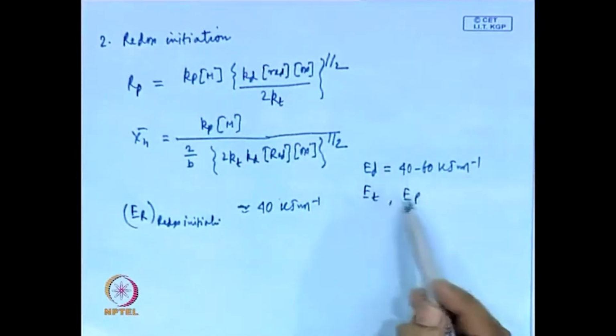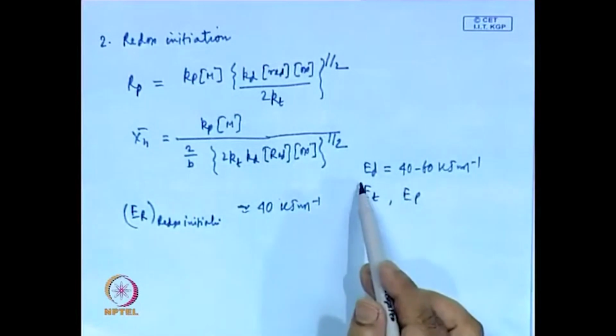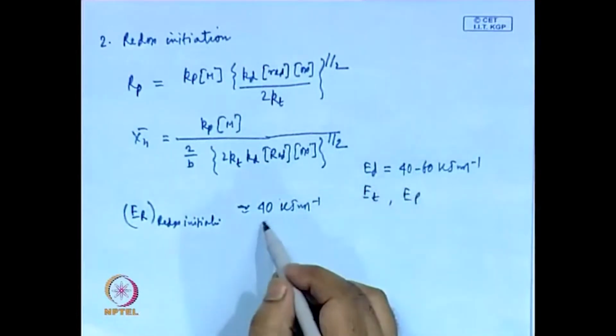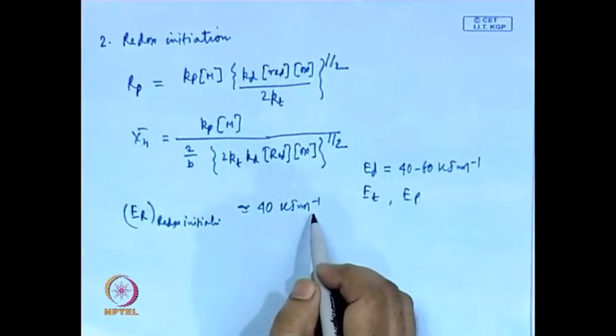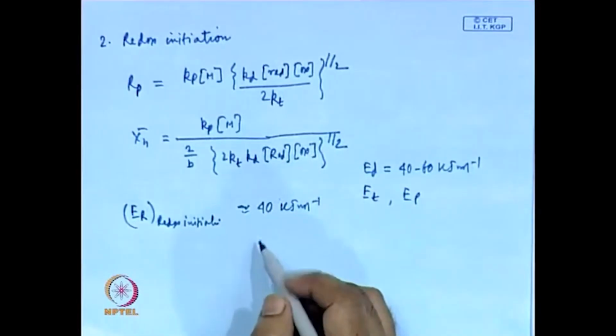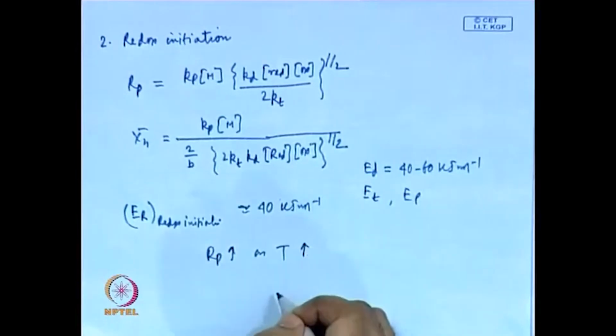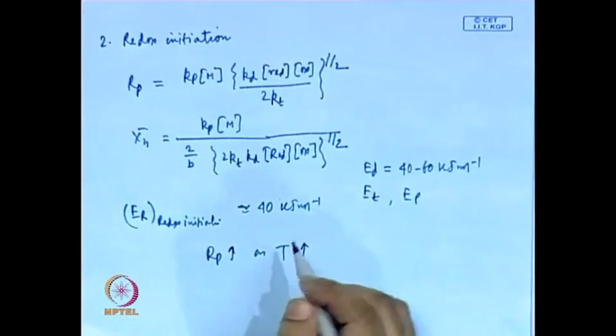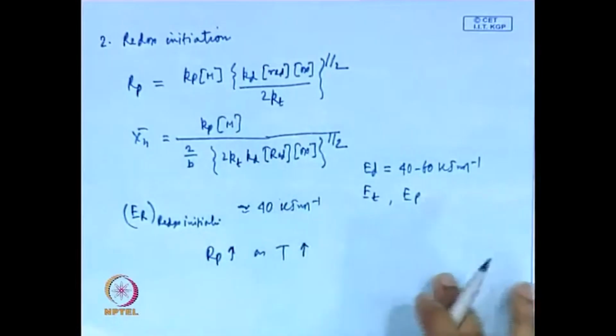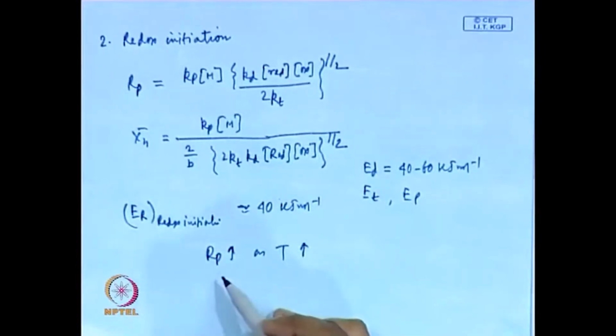If you put all these numbers, you will get E_R coming around 40 kilojoule per mole. So in this case also Rp goes up as temperature goes up, but not as much of an increase as in thermal initiation.